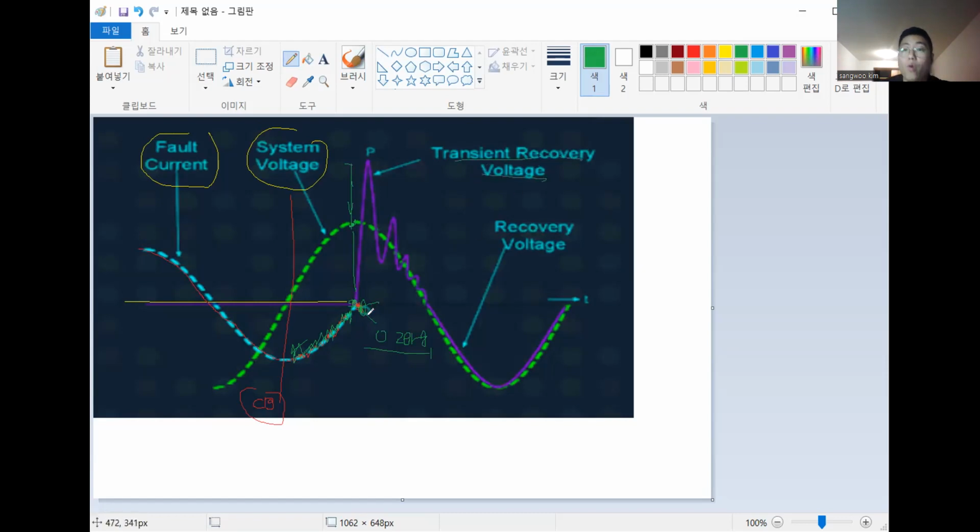It happens when the circuit breaker opens, at the zero current point, when the current is stopped and the recovery happens like this, because it becomes an LC circuit, right?